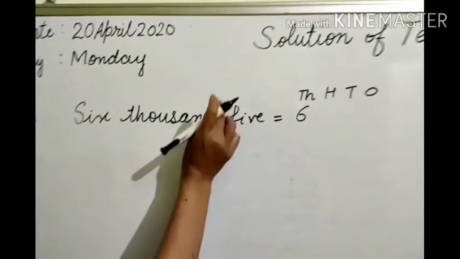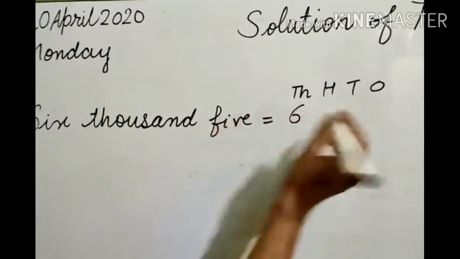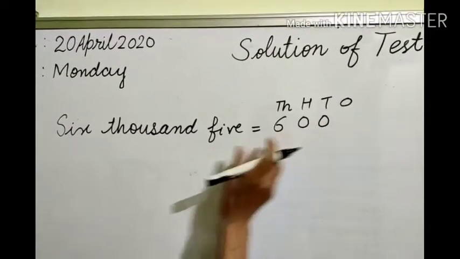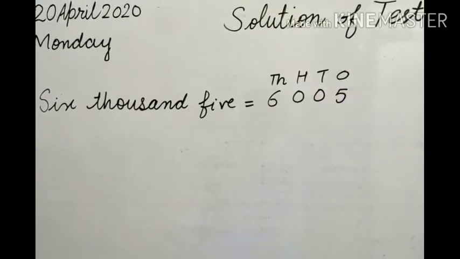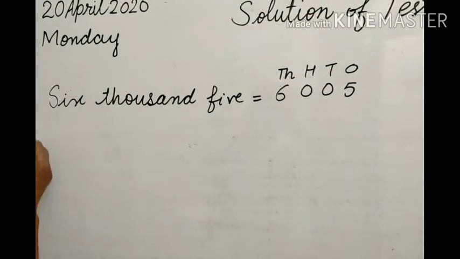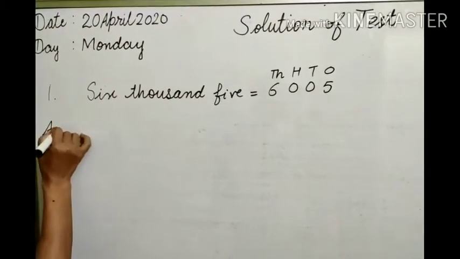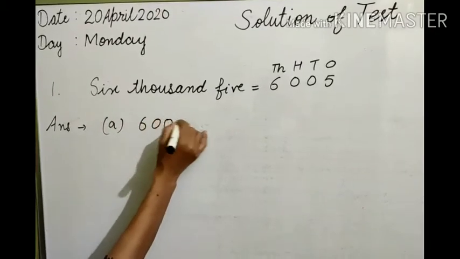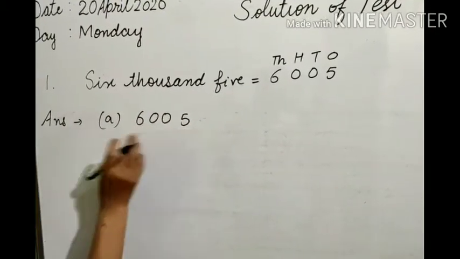No hundred sound is coming, no ten sound is coming, so you will put 0 in the hundreds and 0 in the tens. Only 5 is in the ones place. So the right answer is option A. 6005 will be written as 6005.